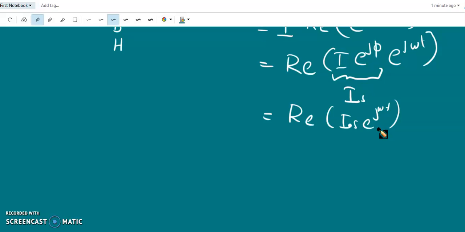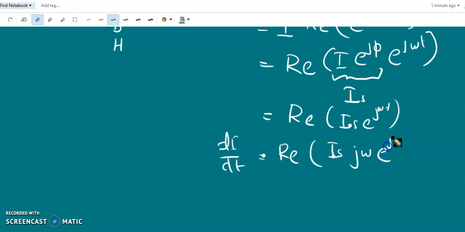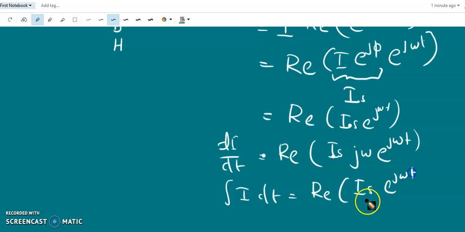So, for this I, the derivative di by dt can be written as the real part of Is into j omega e to the power j omega t. And the integral of I can be written as the real part of Is e to the power j omega t divided by j omega.